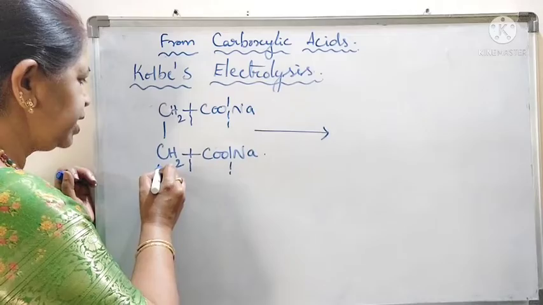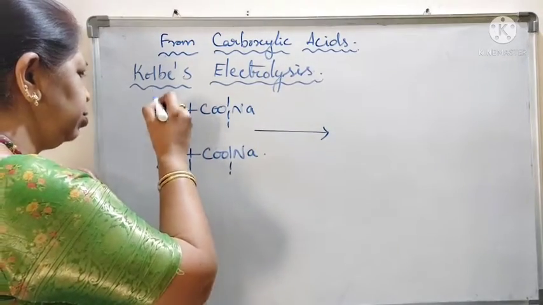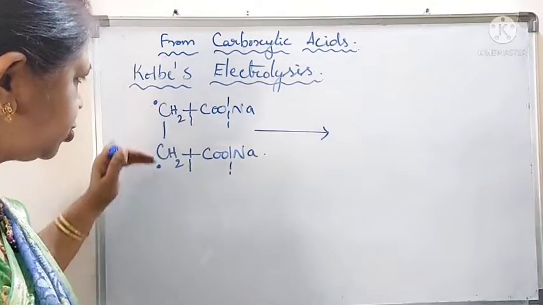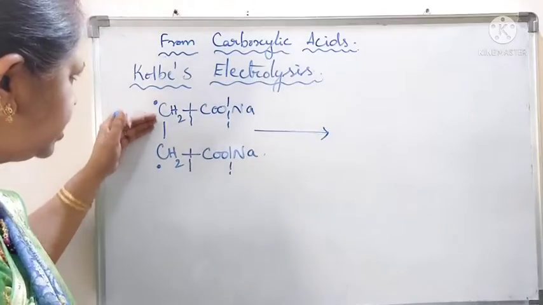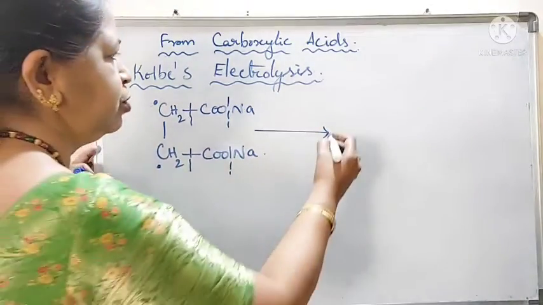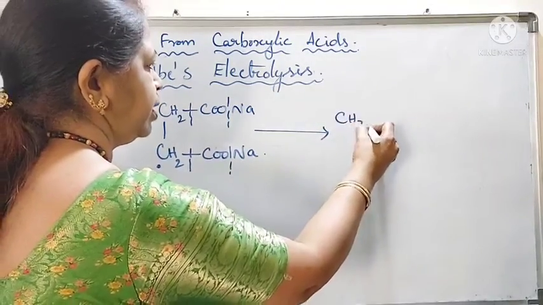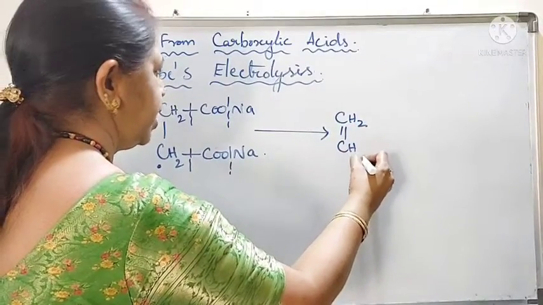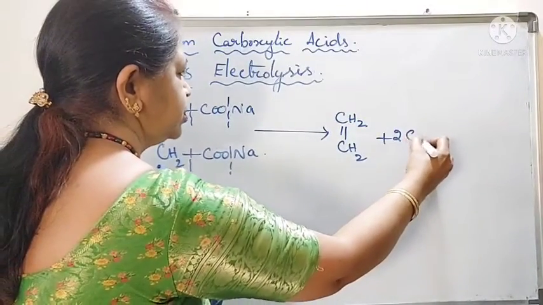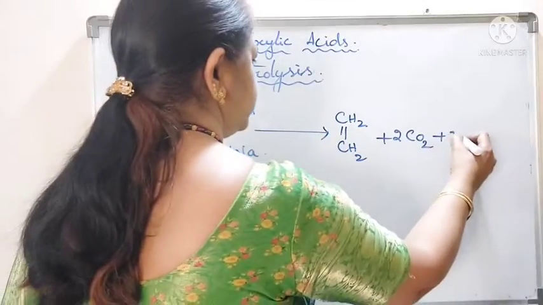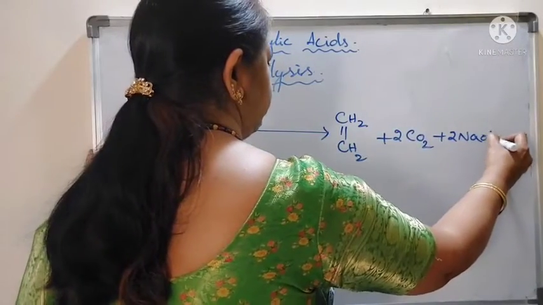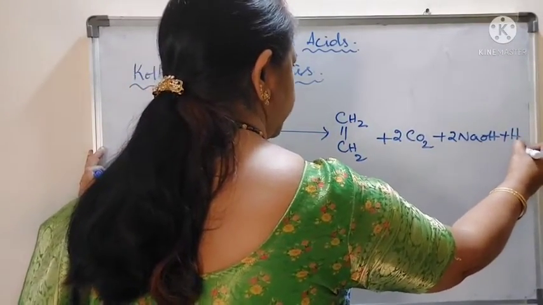The free radical site is generated at both the CH2 groups, and these 2 free radical sites will join together to form an alkene: alkene plus 2 CO2 plus 2 NaOH plus 1 hydrogen.